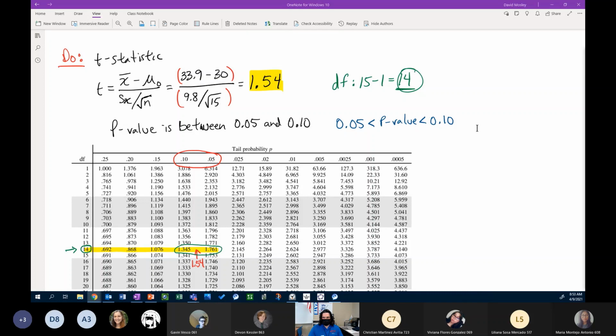Yeah, I got a question. How do you get a square root of 15? So that is part of my formula. To calculate my t-statistic, I have to do the square root of n, where n is my sample size.